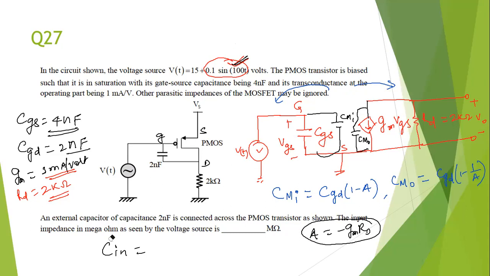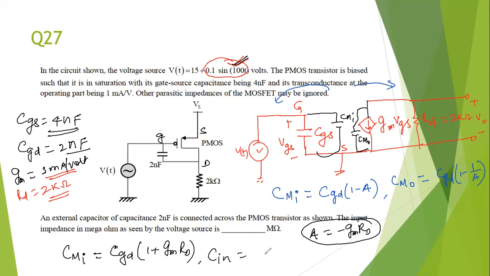So CMI is equal to CGD into 1 minus A. So this is 1 plus gm into RD. So 1 plus gm into RD. So what is the C input?